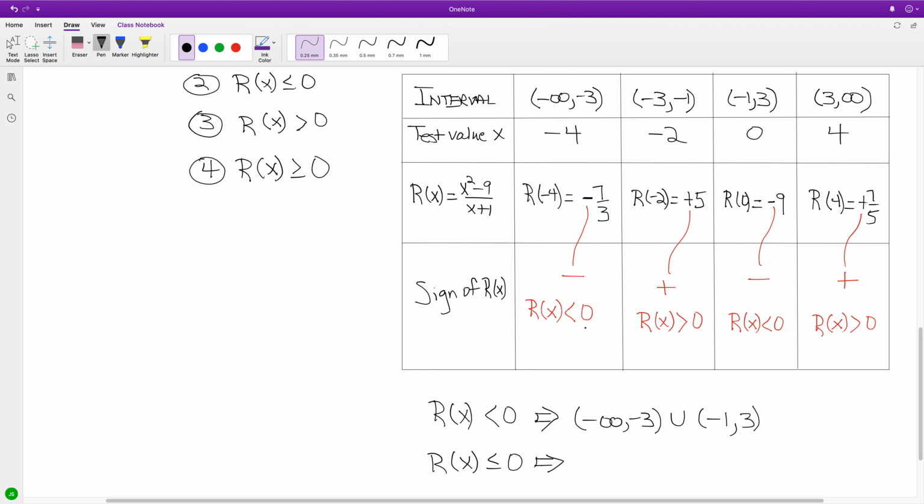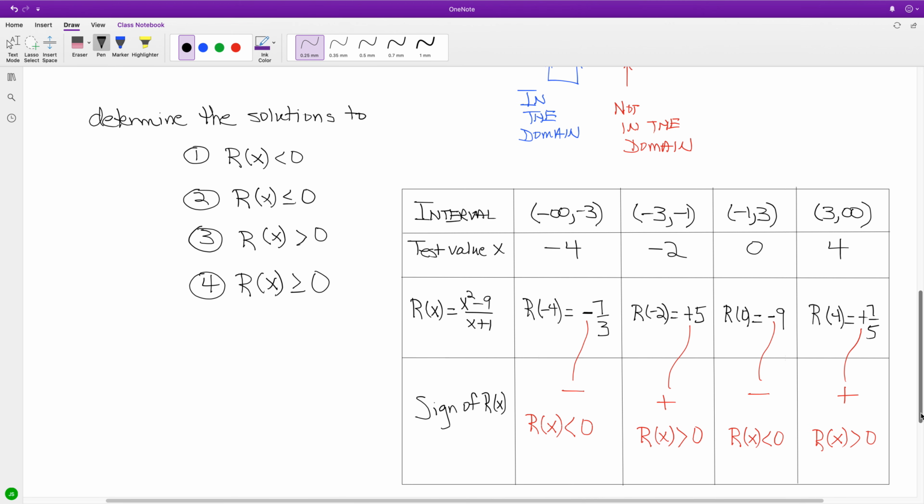Now, where we have R of x less than or equal to 0, we're heading in the same direction as where R of x was less than 0. So you're applying the same numerical values, but in closing, you might have brackets along with the parentheses that go around -infinity. We established the zeros at -3, -1, and +3.